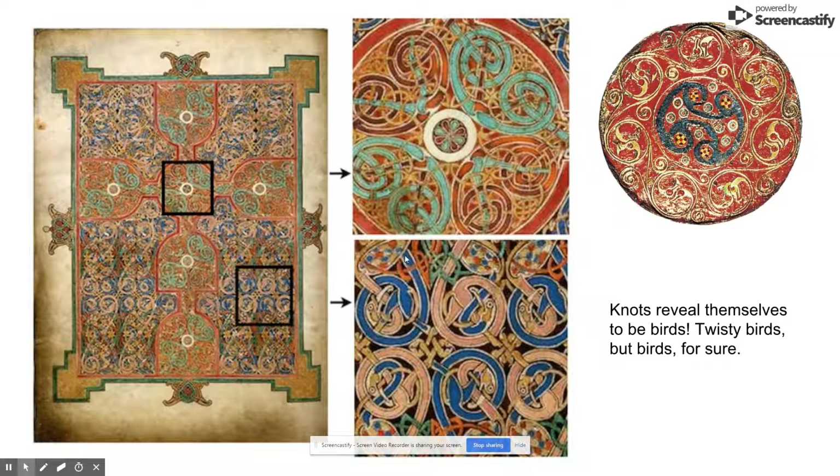So we can see it right here, with their long necks, and they're also obviously multicolored. Their beaks, you can see, close in around their legs. It's very knotty. It's very twisty. So again, there's that animal motif.